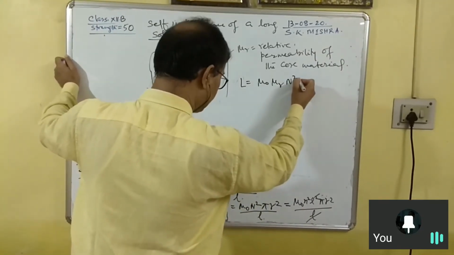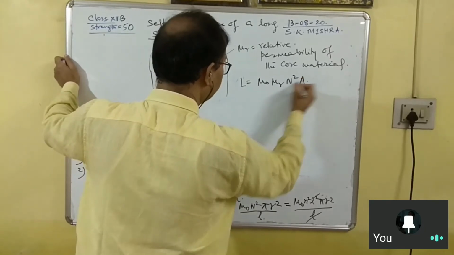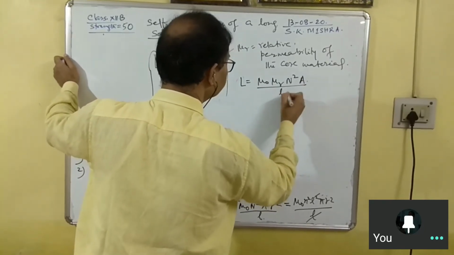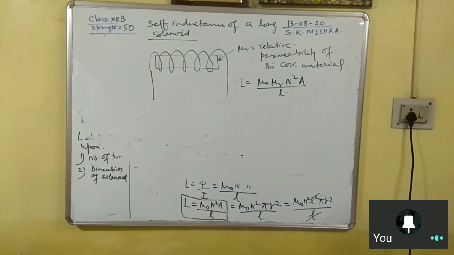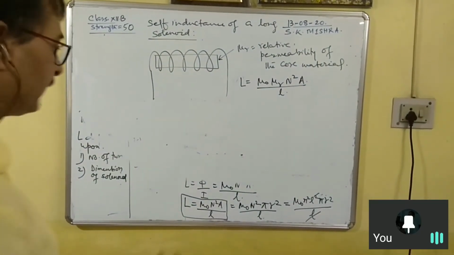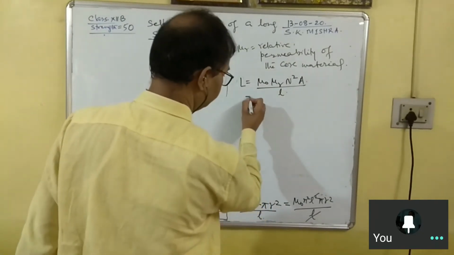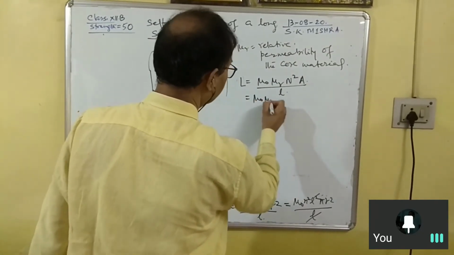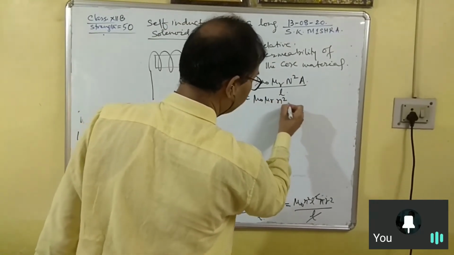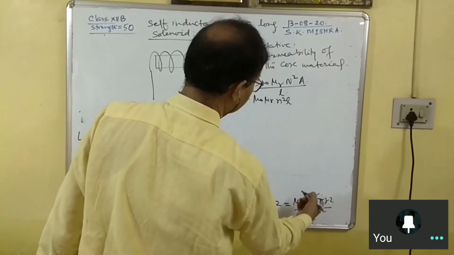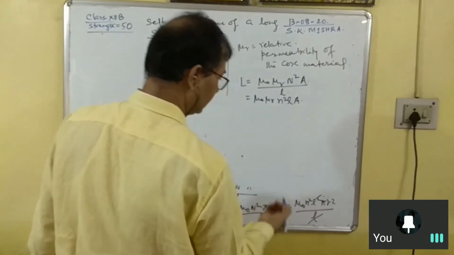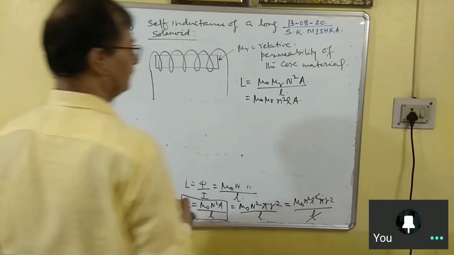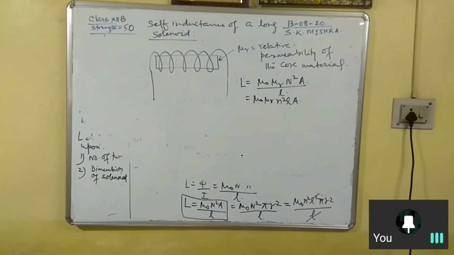Capital N square A divided by L. Or you may write mu naught mu r small n square L, then pi r square, you may write A also, area, that's enough. Mu naught mu r n square L A.